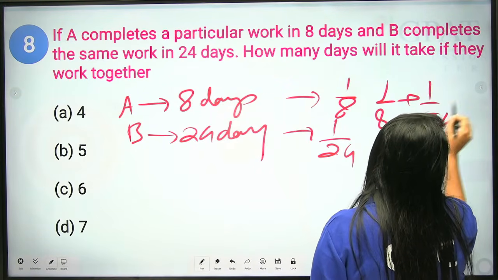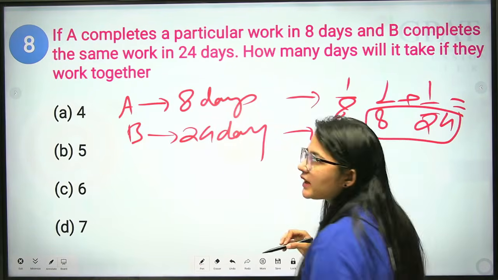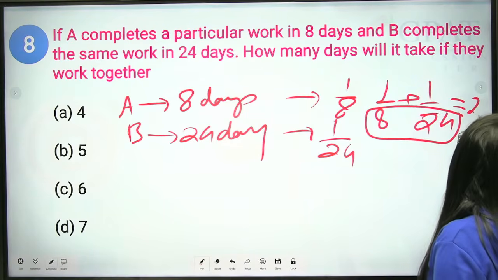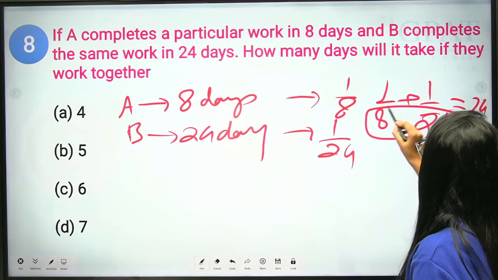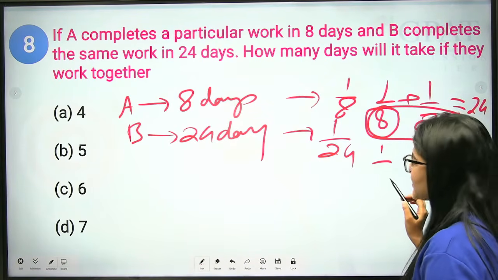When you do the addition and the denominators are different, you need to find the LCM. So the LCM will be 24. Now how many times do we need to multiply 8 to get 24? That is 3 times. Correct?